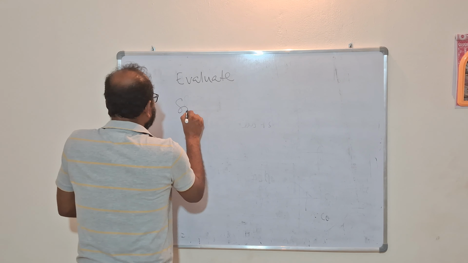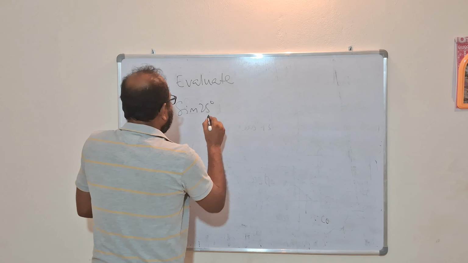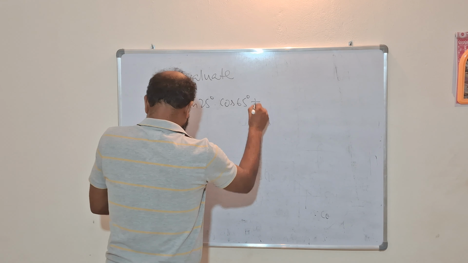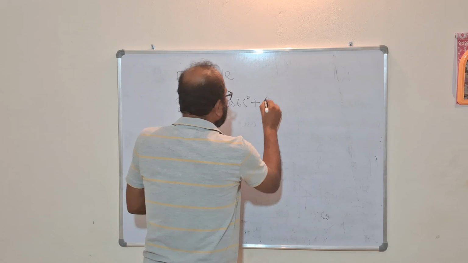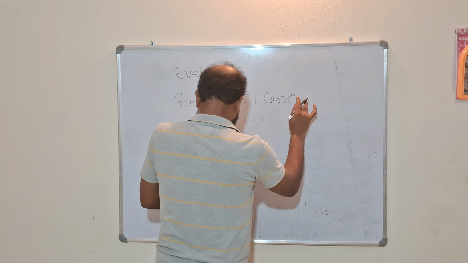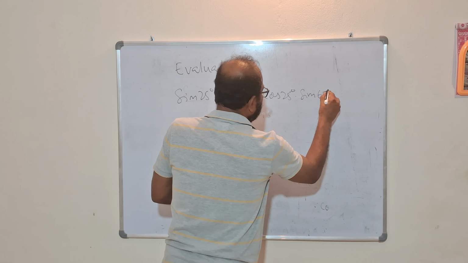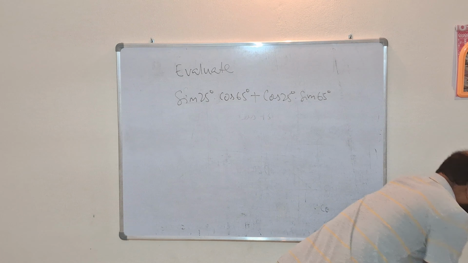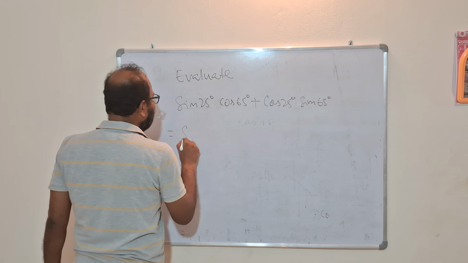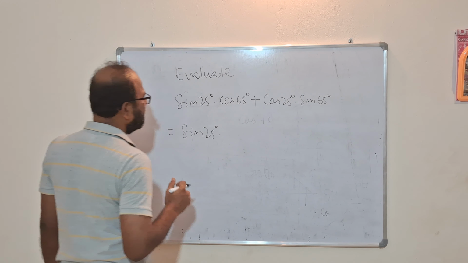Sin 25 degree into cos 65 degree plus cos 25 degree into sin 65 degree. So now here also you will do sin 25 degree into cos 65.